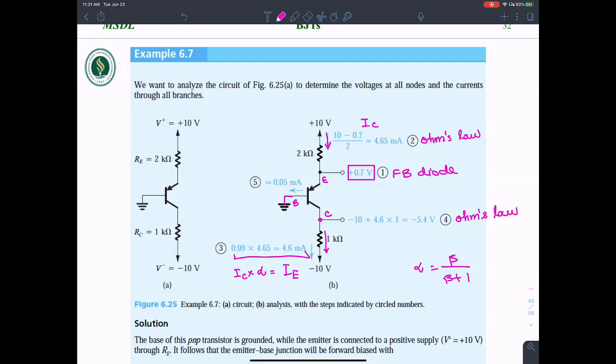Once you calculate VC, you should also be able to calculate IB, which is simply IC over beta. That's the idea.